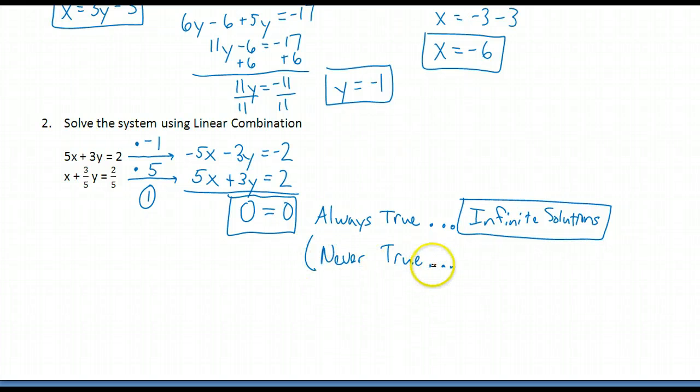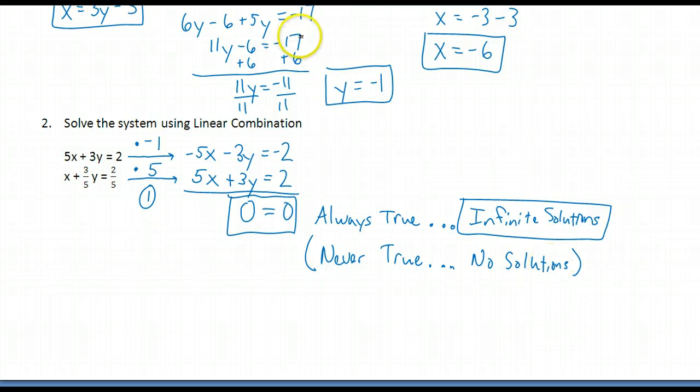If I have a system where the variables drop out and I'm left with a false equation, something like 0 equals 10, 0 never equals 10. So that equation would be never true, and I would have no solutions.